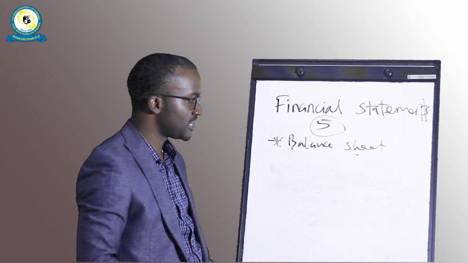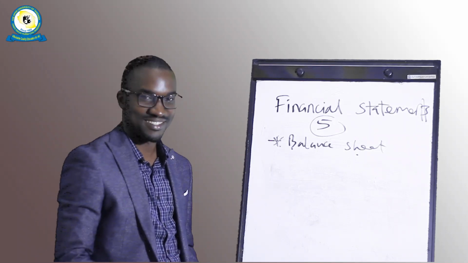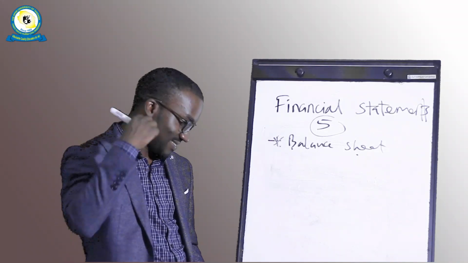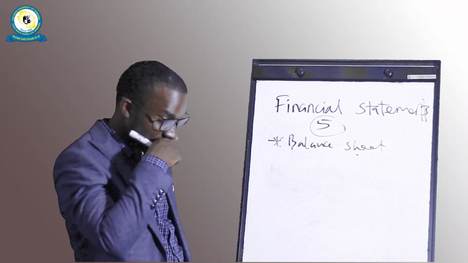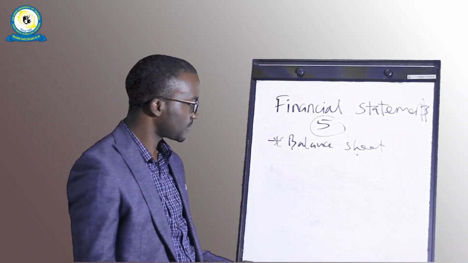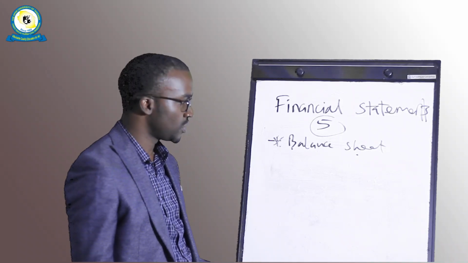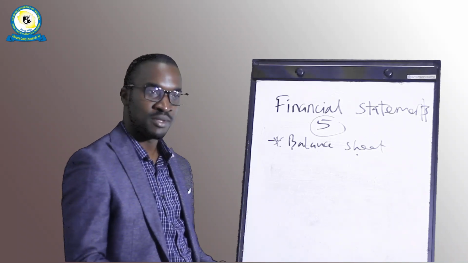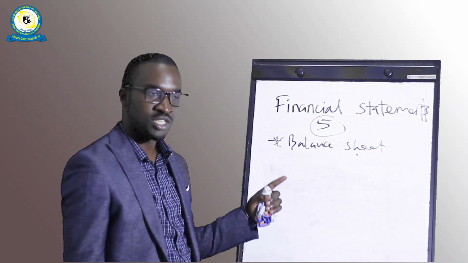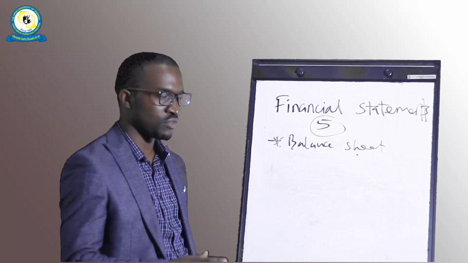It contains elements from the accounting equation: the assets, liabilities, and capital. So when we talk of the balance sheet or the statement of financial position, be sure that you're going to get 3 elements out of it.